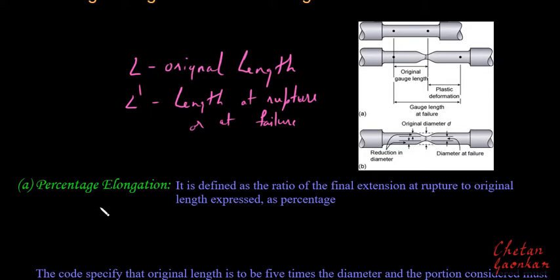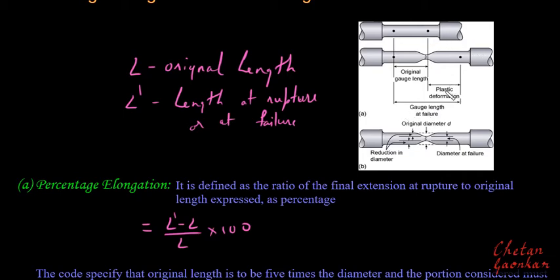In that case the percentage elongation can be given as L dash minus L, divided by L, and this will be multiplied by 100. So this is how we can calculate the percentage elongation, where L is the original length and L dash is the length at the rupture, or the gauge length at failure.